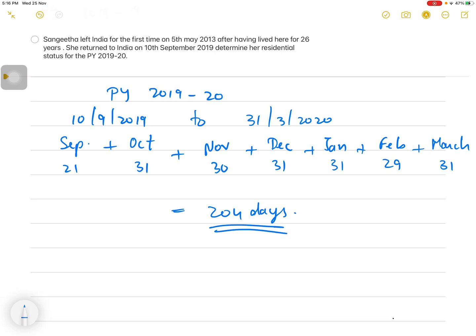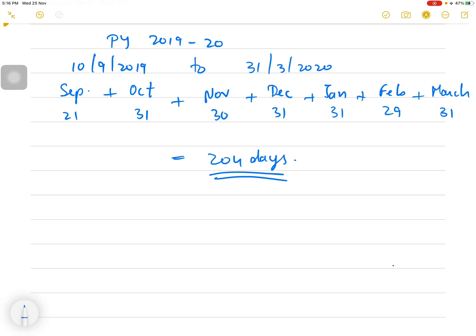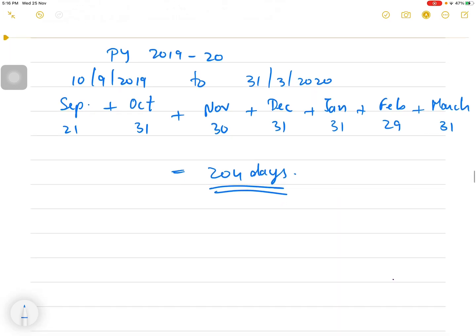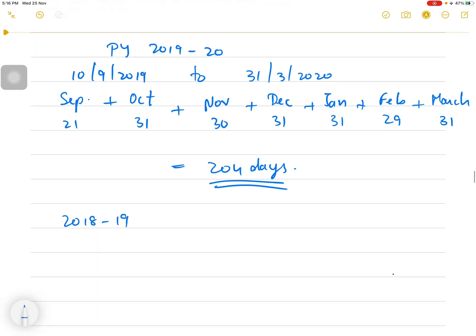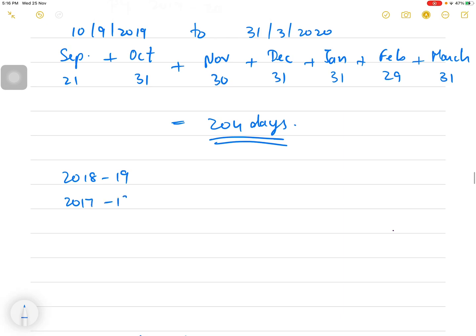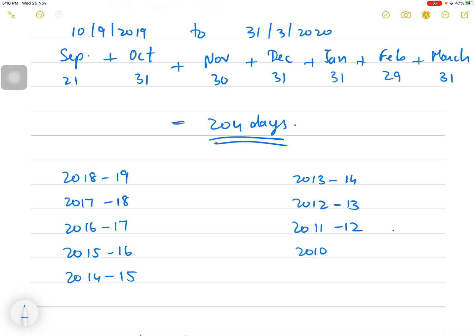Okay. So let's see whether she is ordinarily resident or not ordinarily resident. So 10 years preceding the previous year 2019-20 are 2018-19, 2017-18, 2016-17, 2015-16, 2014-15, 2013-14, 2012-13, 2011-12, 2010-11, 2009-10.